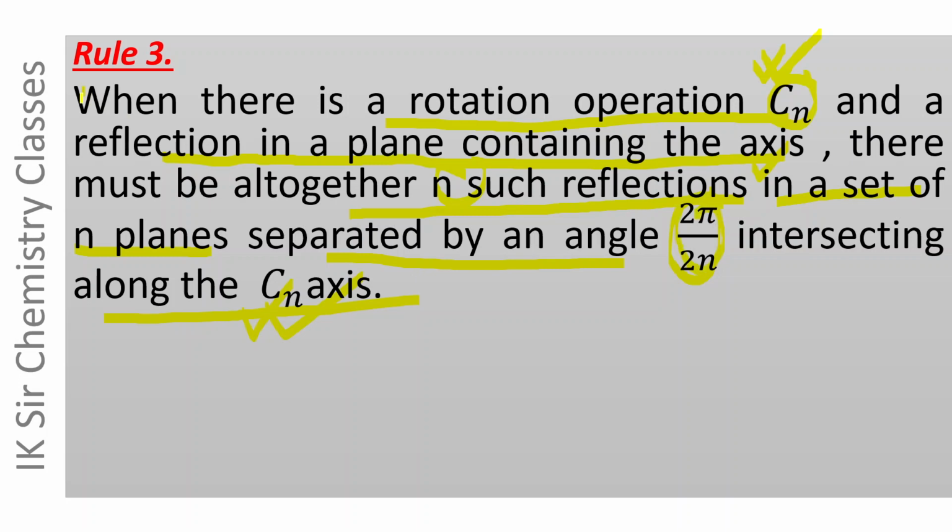Let us see it again. If a molecule contains a Cn axis of symmetry and one plane of symmetry containing that axis, there will be altogether n planes of symmetry containing that axis and intersecting one another at that axis at an angle of 2π by 2n.